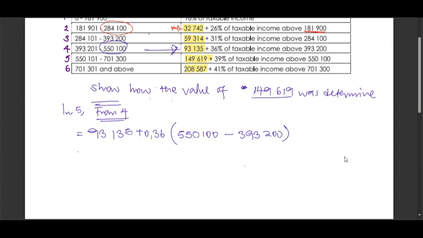So you simplify, you take the number there, you show us what you get from the brackets. When you subtract, what you end up getting, that's what we want. We end up having 156,900. So put everything in a calculator and you see what happens. Yeah, you get the answer.